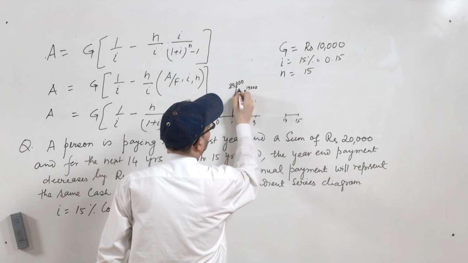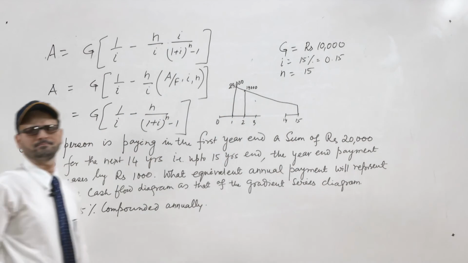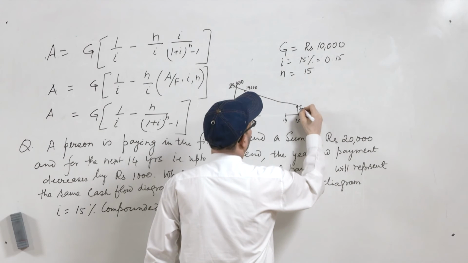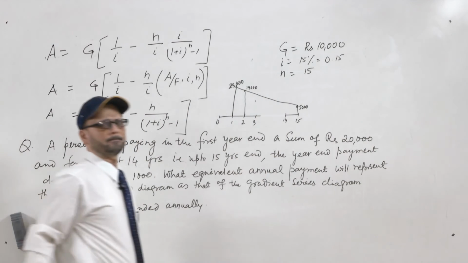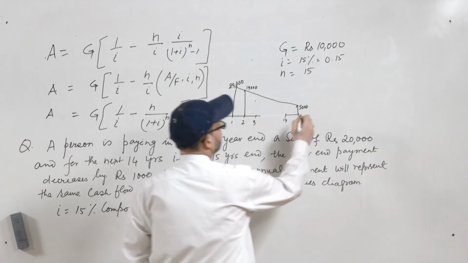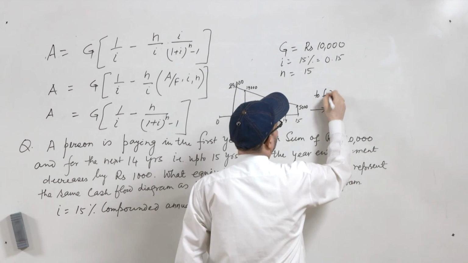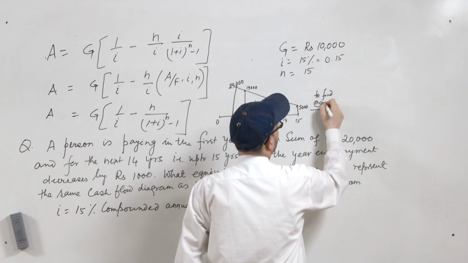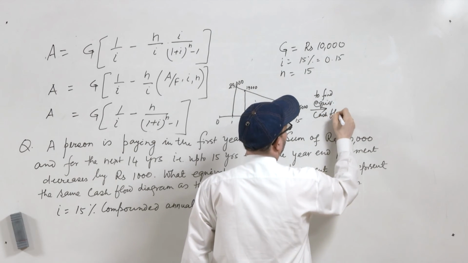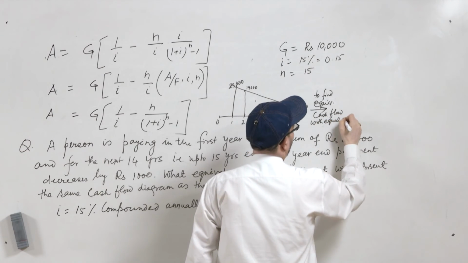Like that it will come, and in the 15th year he will be paying 5,000. Basically your job is to find the equivalent cash flow with equal annual payment.